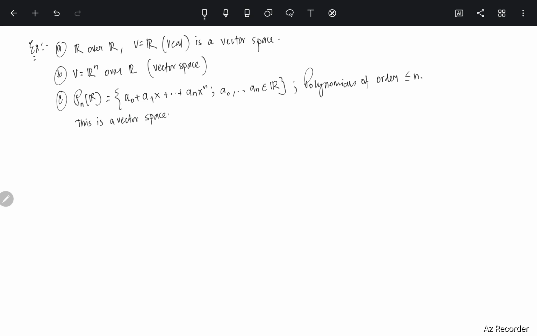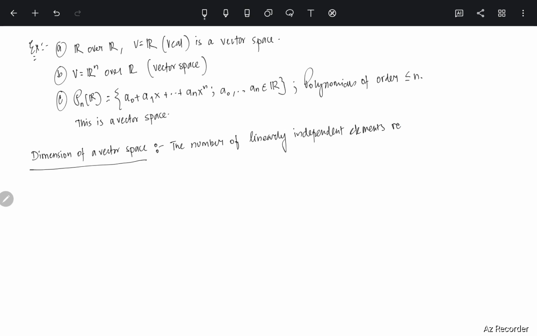Once you have this, we can also talk about what the dimension of all these spaces is. So what is the definition of dimension? Let's just go over this quickly. Dimension of a vector space: we will define the number of linearly independent elements.